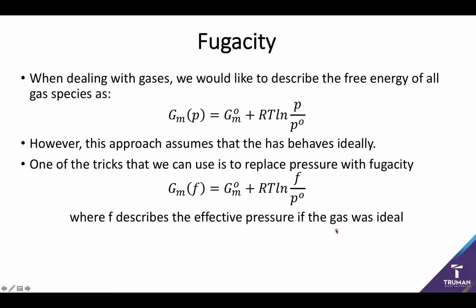So let's say I have a gas with a measured pressure of 1 bar, but chemically it acts like an ideal gas with a pressure of 0.99 bars. So in this case, the fugacity would be 0.99.